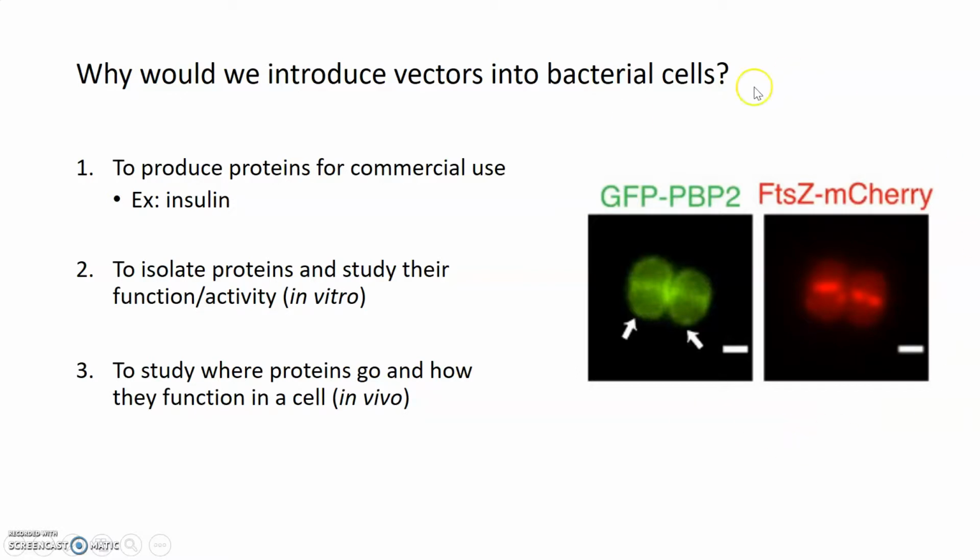But what's important to remember is that this does not only apply to looking at proteins in bacteria themselves. We can take these vectors that we make in bacteria and then introduce them into other cells as well.